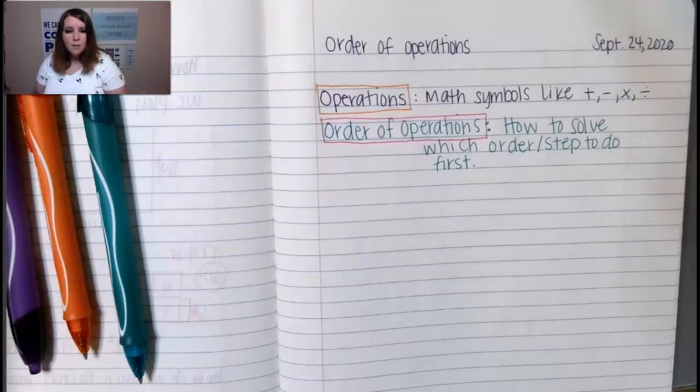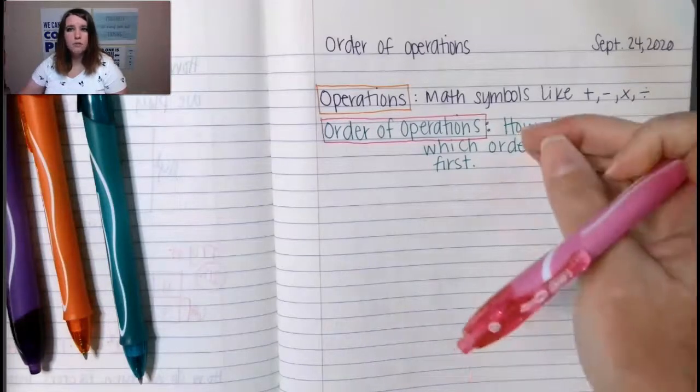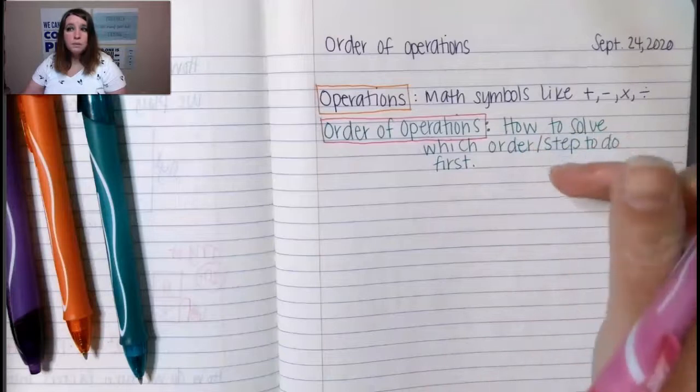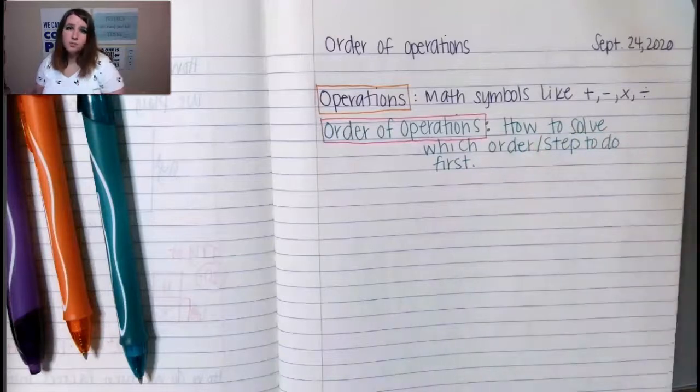Some of these things are really confusing because what they really are is just a way to help you remember the order in which to solve. However, they don't remind you to do things from left to right, which is the part that we really want to focus on. So we want to focus on the left to right part, not so much the order of operations acronym or the please excuse my dear Aunt Sally.